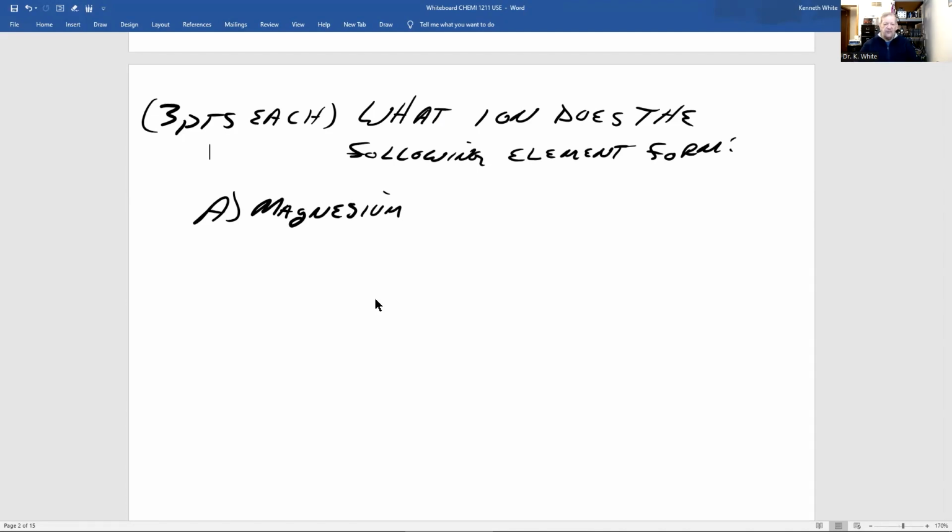So the question is, what ion, 3 points each, does the following element form? And if you saw it sometime in the future, hint, how do you do this? Well, magnesium has this chemical symbol. And in order to do this, you have to know how many protons and electrons magnesium has.